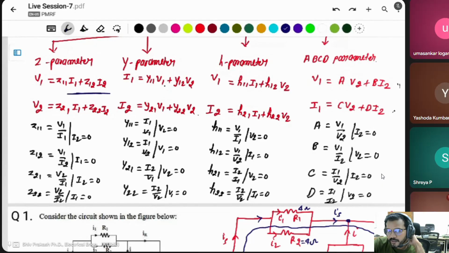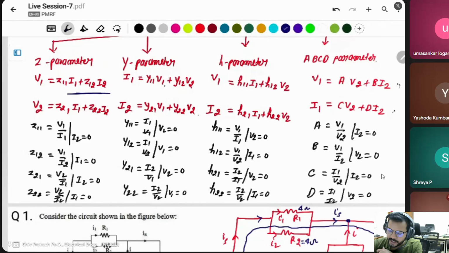V2 is the second port, so it comes second. Don't confuse this one. Don't write V2 then I1. Give priority to the first port, and after that to the voltage. If the voltage and current are on the same port, you have to give priority to the voltage. If the voltage and current are on different ports, then give priority to the first port. Okay, then I1 is here, V2 is here.